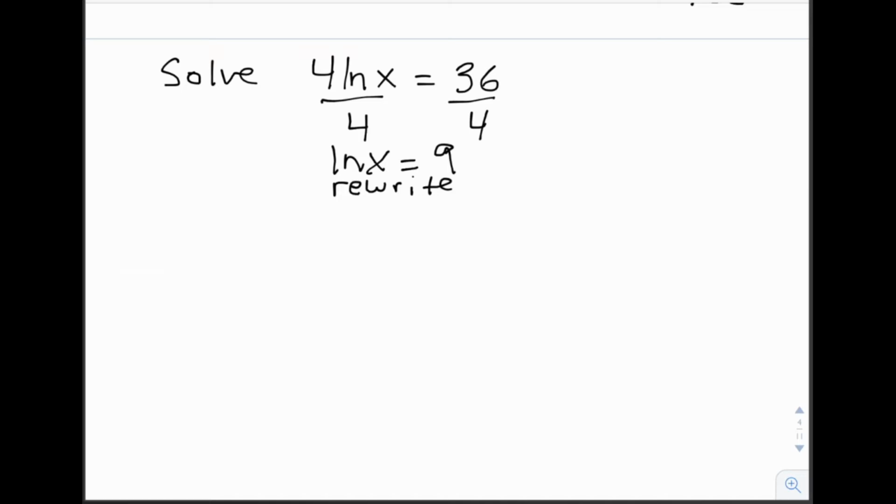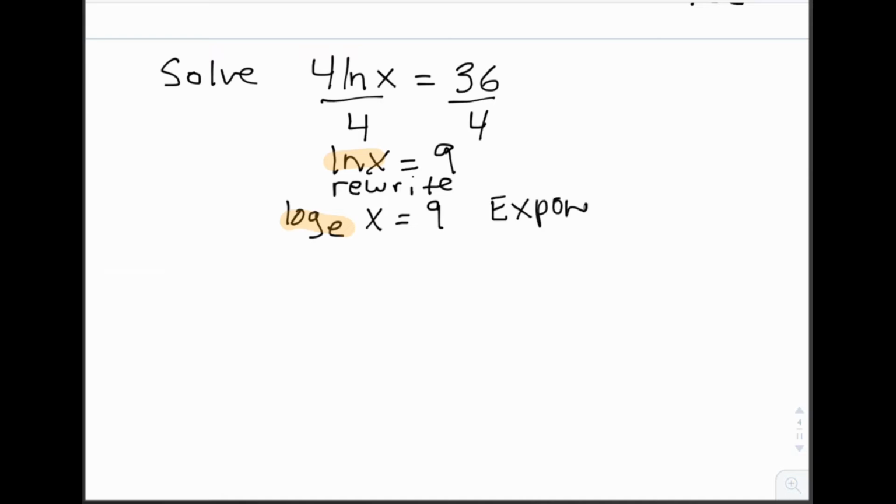So natural log of x, we can actually rewrite as log base e. So natural log of x can be rewritten as the log base e, and we have log base e of x equal to 9. Well, now we're at a point where we can go ahead and rewrite in exponential form.